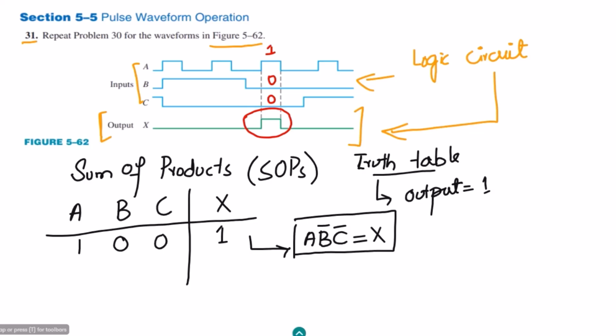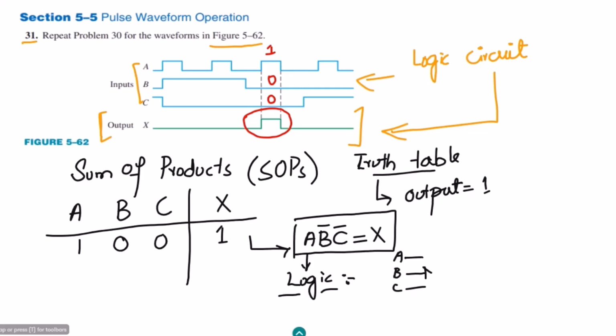So after finding it we have to find out the logic circuit. So the logic circuit here will be what? Let me apply it. If we have 3 inputs A, B, C, this is the first, this is second, this is third.